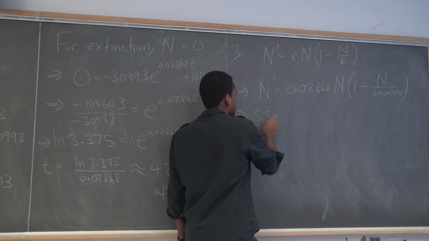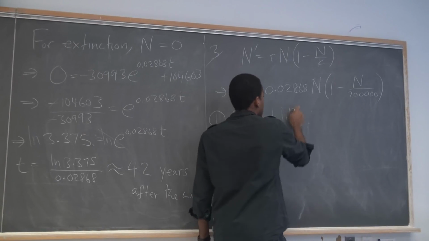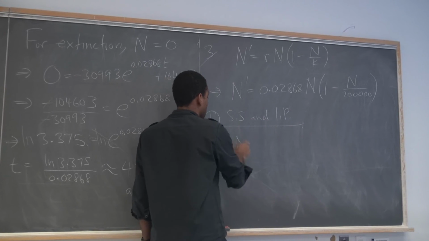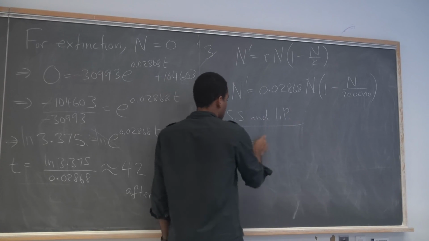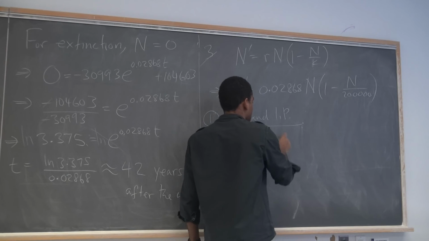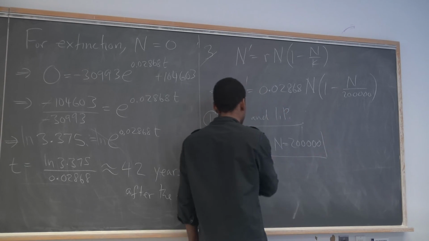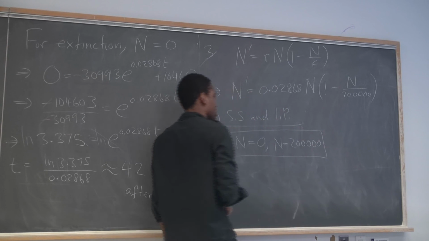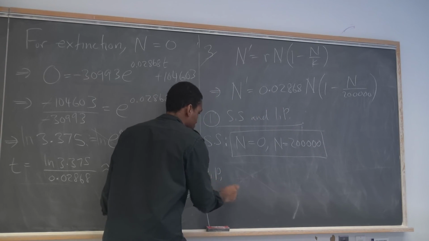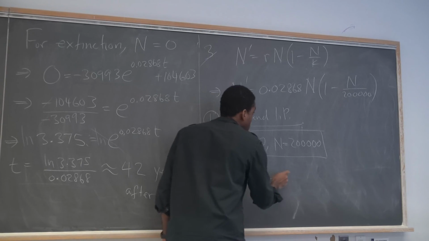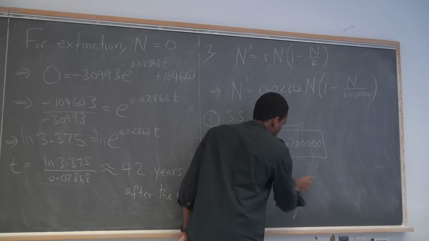Step 1, steady states and inflection points. Steady states is going to be what? 0 and k. Inflection points is going to be n equals k over 2 equals 100,000.